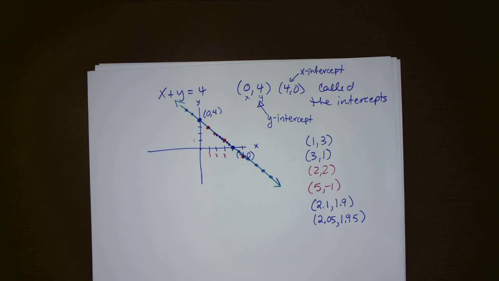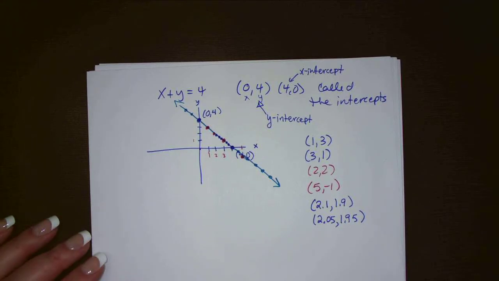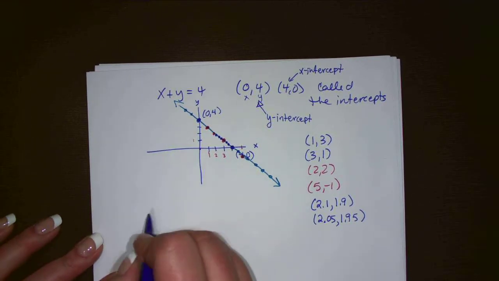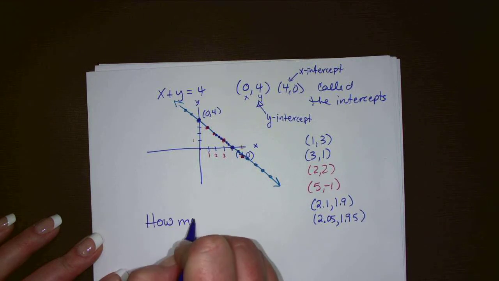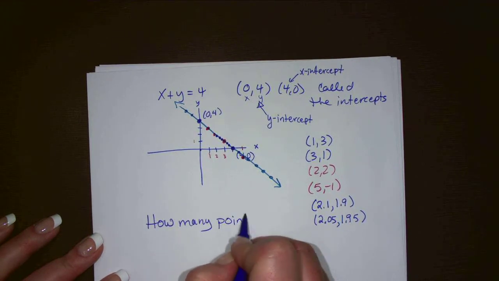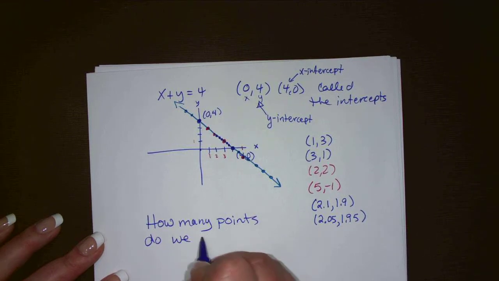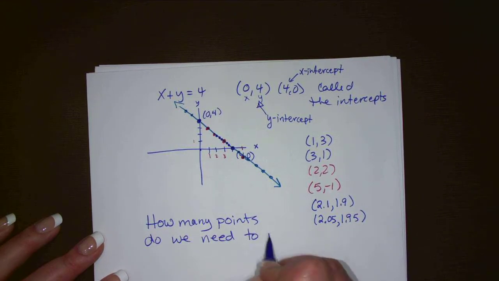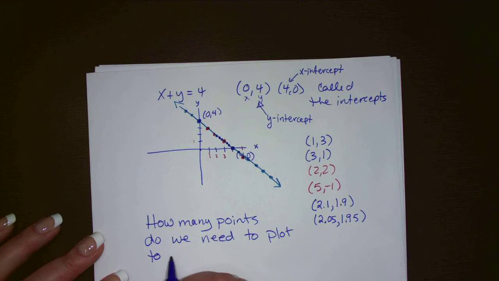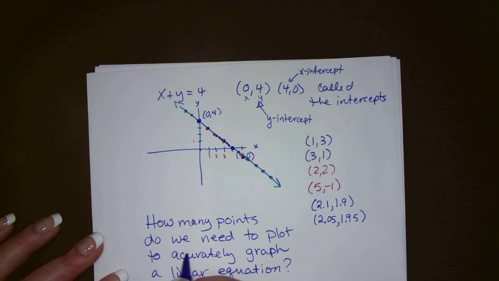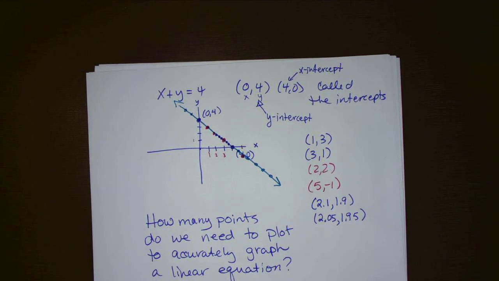How many points do we need to draw a straight line or linear equation? How many points? 2.